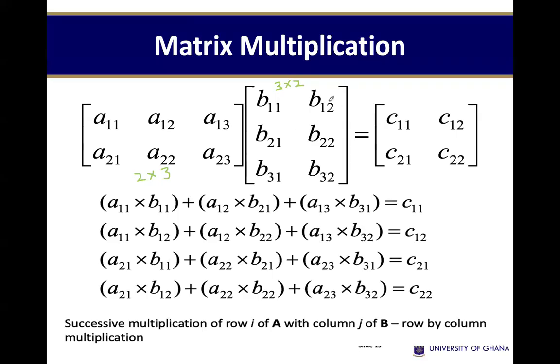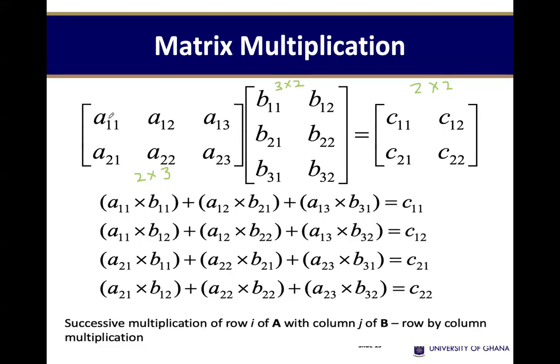So at the end, we know that our answer is going to have the inner agreeing. So you're going to be left with a 2 by 2. Okay. So how do you do it? We use what we call the row-by-column rule to do that.